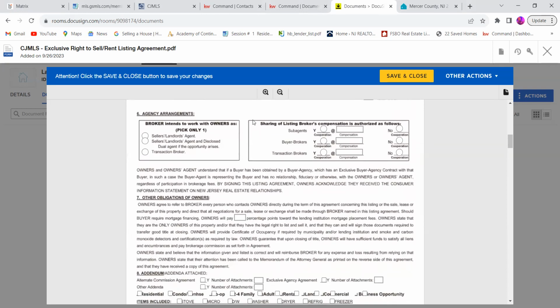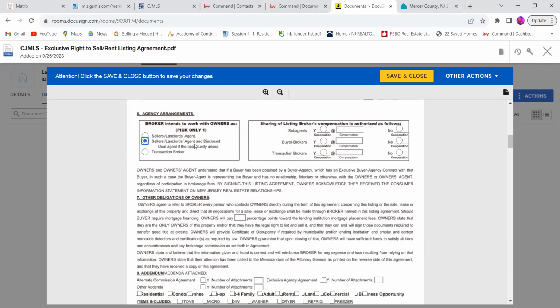Now, these are for, right, you intend to work with owners as a seller's agent. Well, no, seller's agent and disclosed dual agency agent if the opportunity arises. Always click that button. Because if the opportunity arises that you can get dual agency and it's not on here, you don't get it.